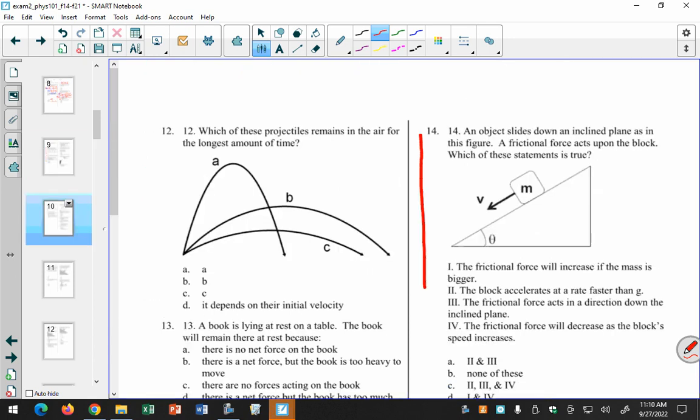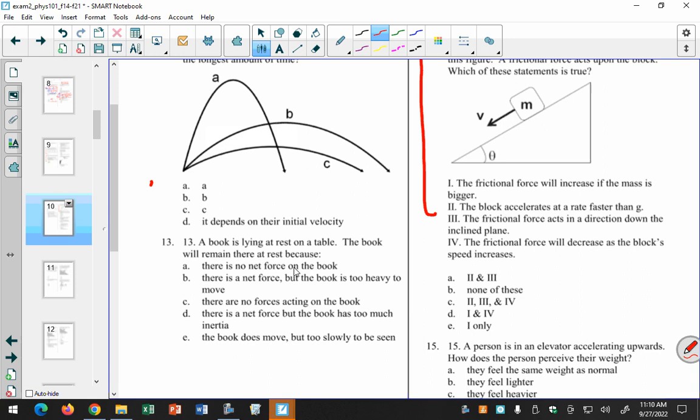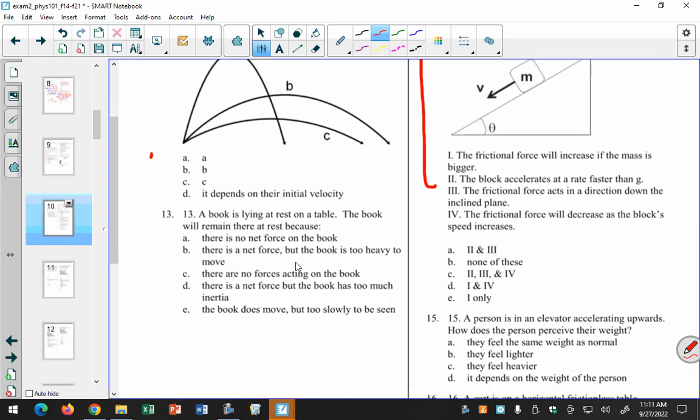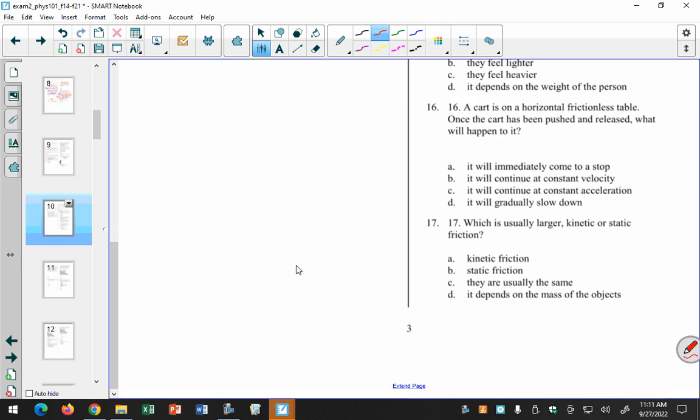Same for the inclined plane, just are these statements true or not? About hang time, can all of them be an appropriate answer? Okay, yeah, all of them. But if there are particular questions you want, we can review them and look at them.